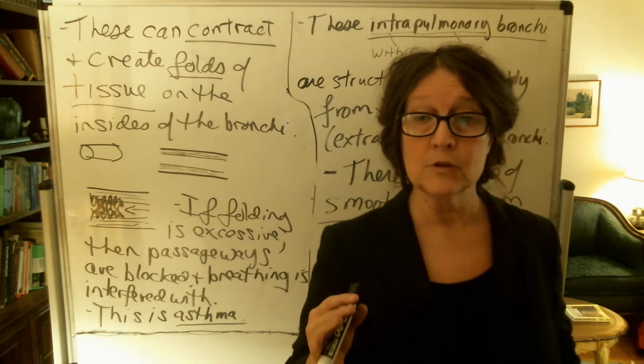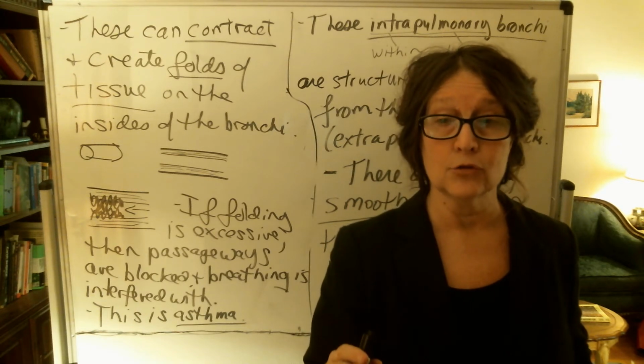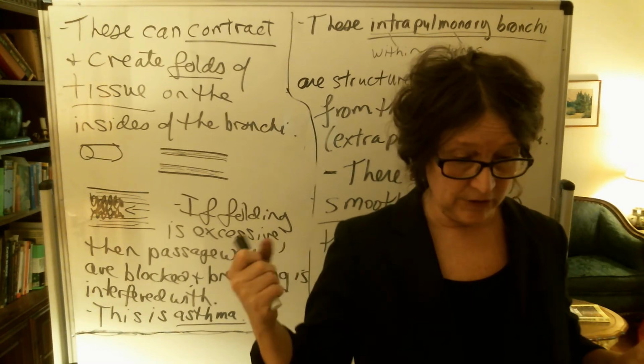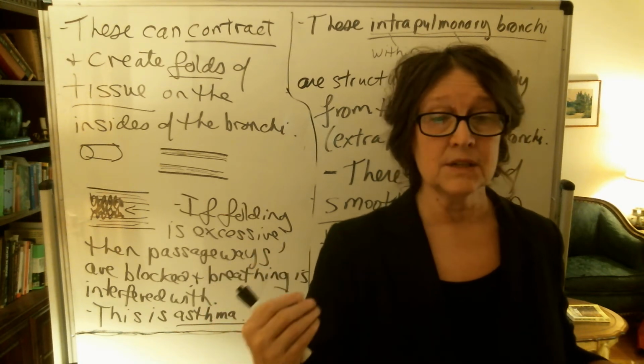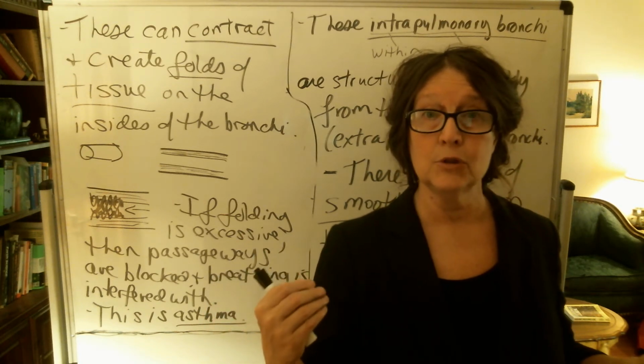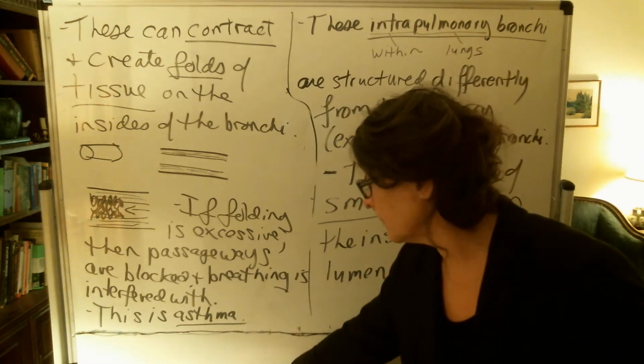And the problem with smooth muscle, as you know, is that it is not under voluntary control. So you cannot actually simply by force of will or training stop that smooth muscle from doing what it's doing. It is not under voluntary control.